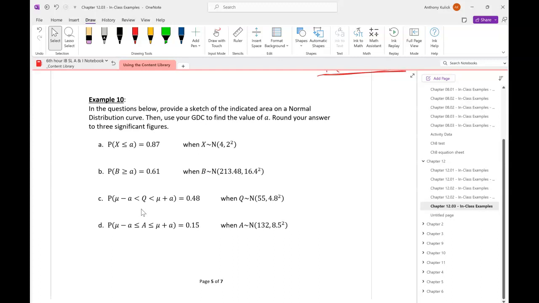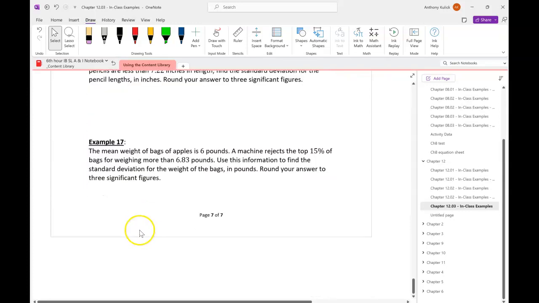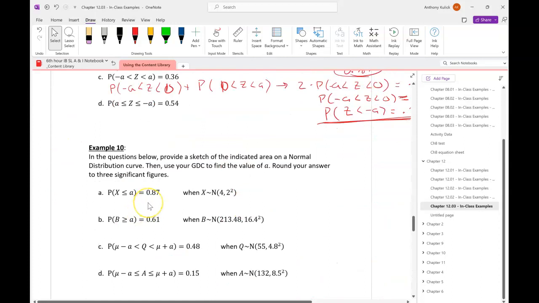We'll finish these in-class examples up because there's some nasty looking stuff here, and some story problem kind of things. So we still have a bit more I want to do together on this. And then we'll do the activity in class.